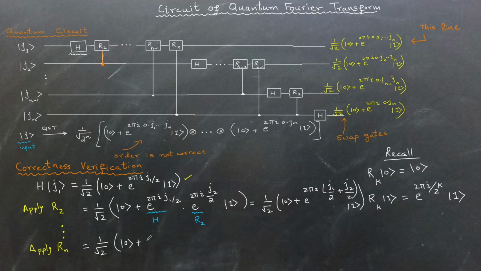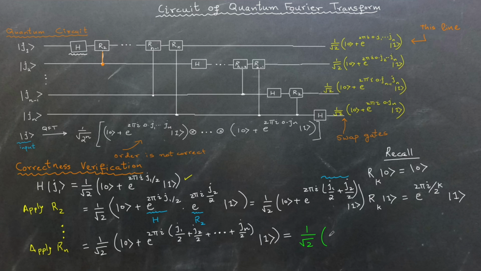As we add the phase factor introduced by each gate, the cumulative result becomes 1 over square root of 2 multiplied by ket 0 plus Euler number raised to the power of 2 pi i times the sum of J1 divided by 2, J2 divided by 4, and so on up to Jn divided by 2 to the power of n. Using our fractional notation, this can be expressed as 0.J1 J2 up to Jn.